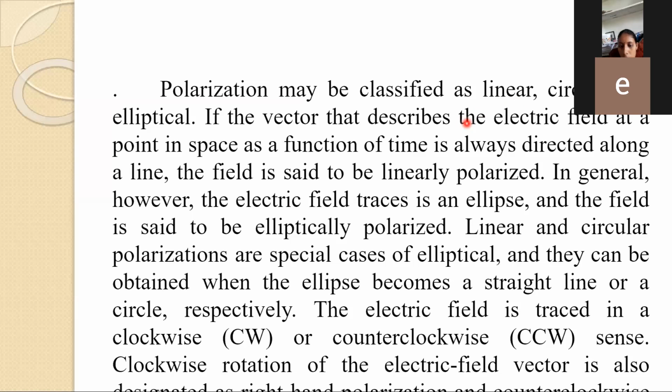So the phase difference should be 90 degrees. Then circularly polarized waves are produced when the phase difference is equal to 90 degrees.